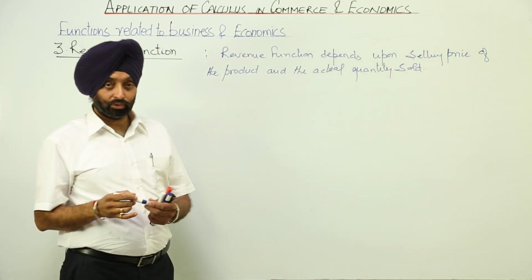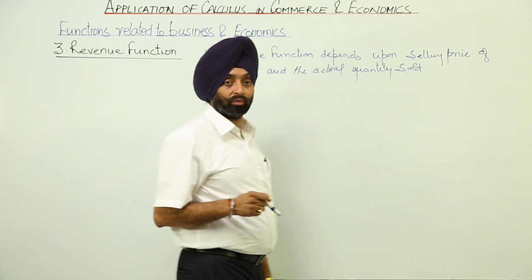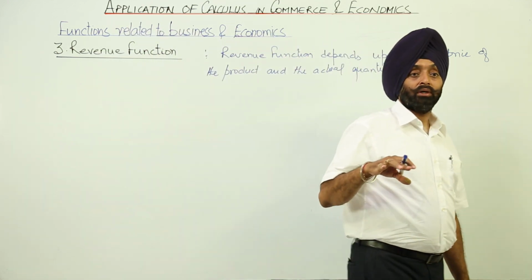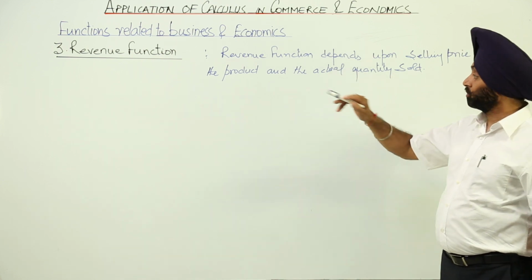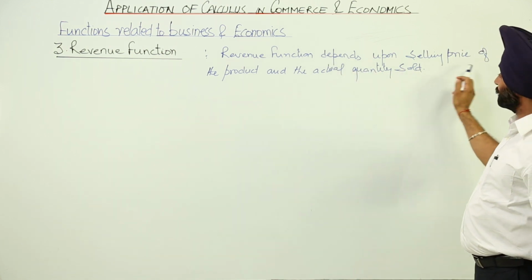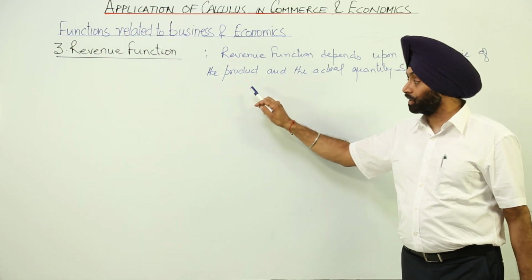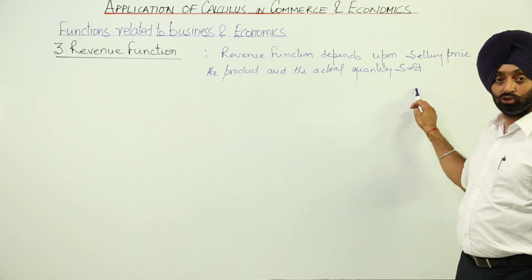So, as I told you, revenue means what? The amount of the money received from the sales of the goods. So, same revenue function now, that was revenue. Now, revenue function depends upon selling price of the product or the commodity and the actual quantity sold.